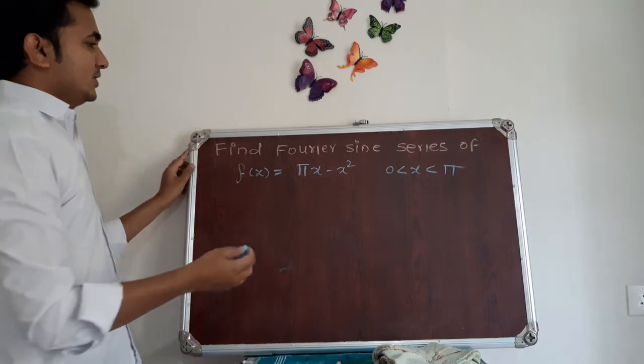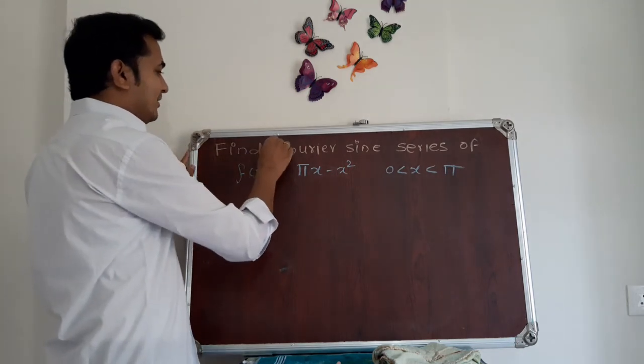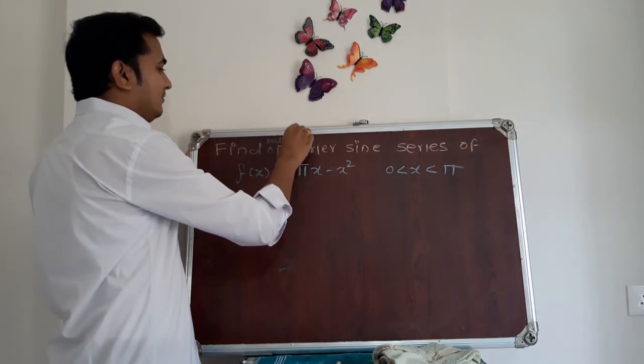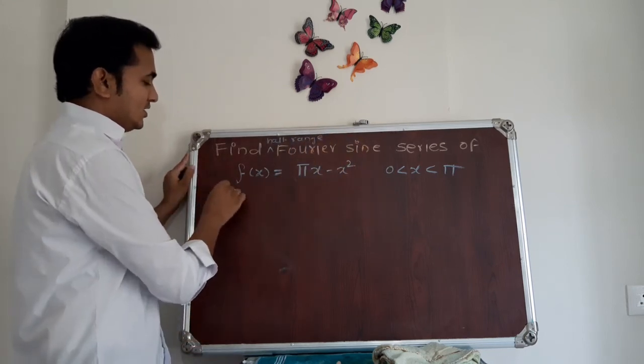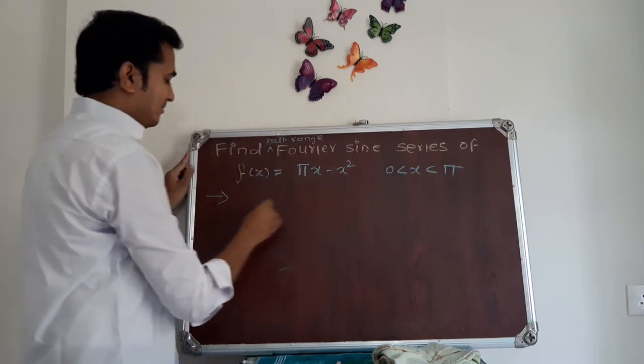Okay, so of course this is half range Fourier sine series. So here L is pi.